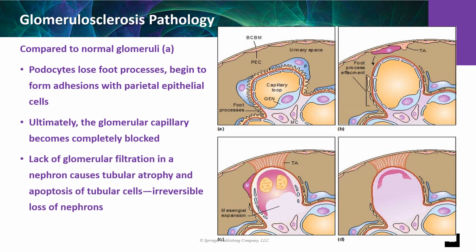The PECs deposit matrix on the outside of the glomerular capillary, while the mesangial matrix expands within the capillary.